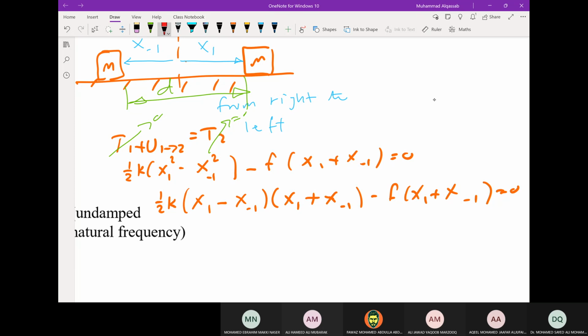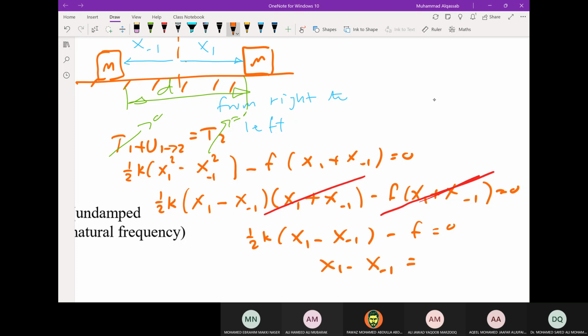And as you can see, this bracket will cancel out. And then you have 1 over 2 k times x of 1 minus x of minus 1 minus f equal to 0. And we can put x of 1 minus x of minus 1 equal to 2f over k.